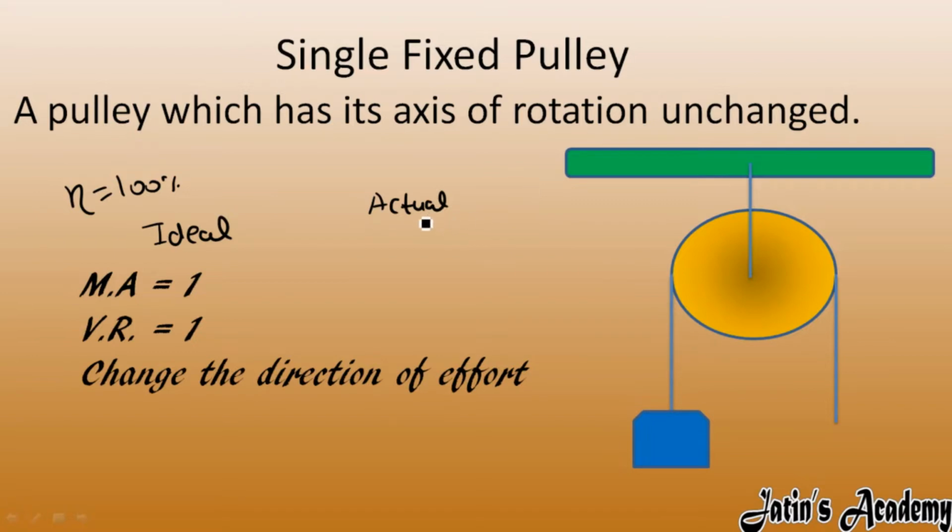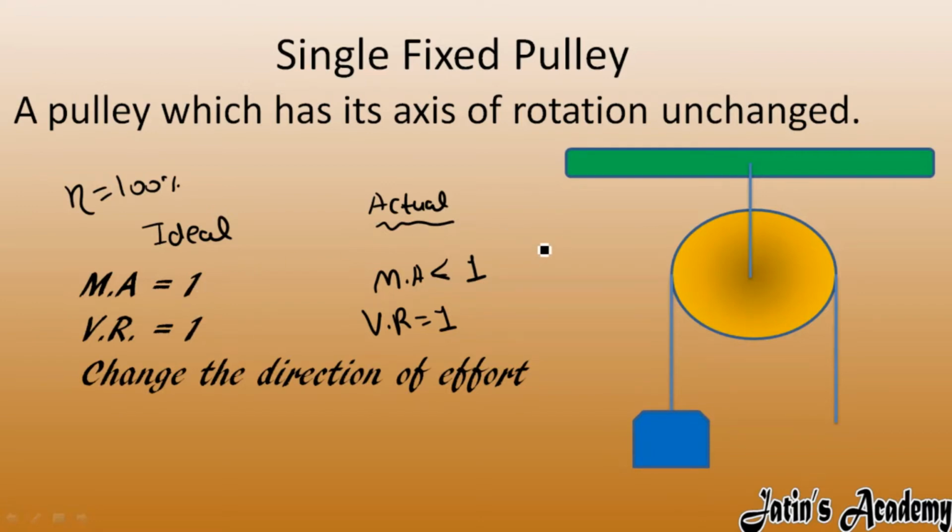For an actual machine, velocity ratio remains the same. Velocity ratio does not change, whether ideal or actual machine, with losses velocity ratio will not change. Then which value will change? Mechanical advantage will change. So mechanical advantage value will reduce, will get less than 1, because ideally it is having mechanical advantage 1.